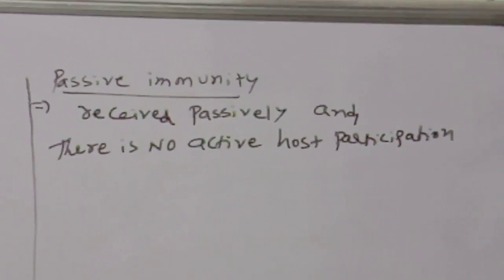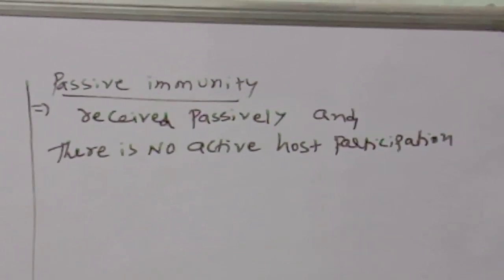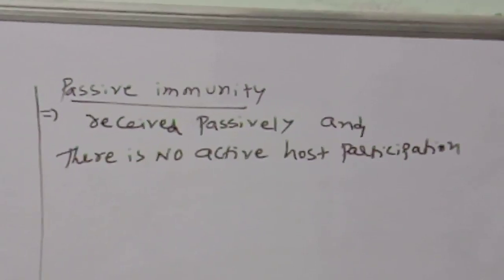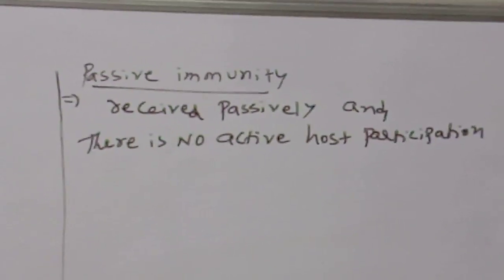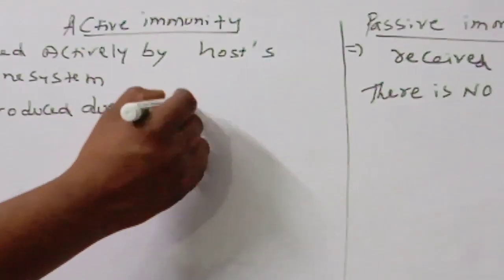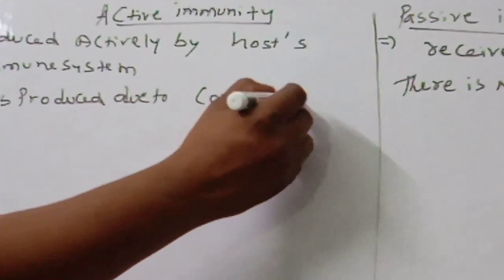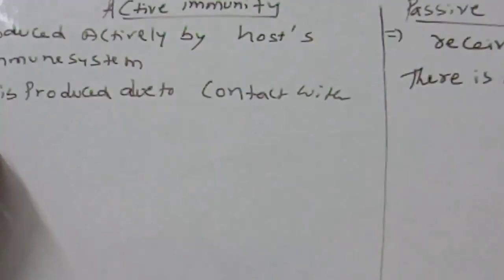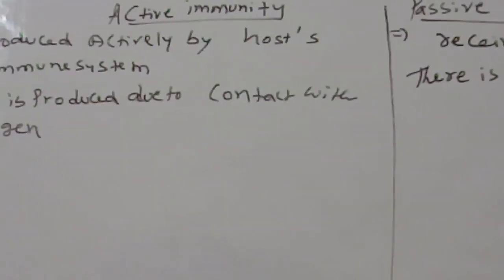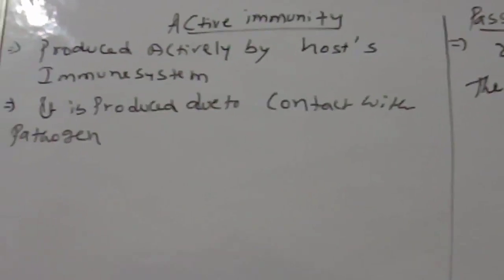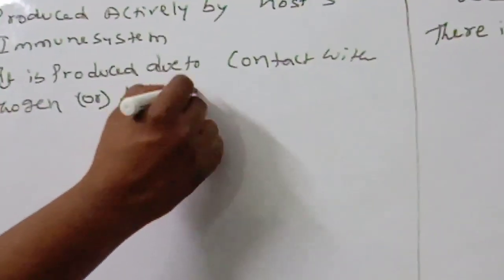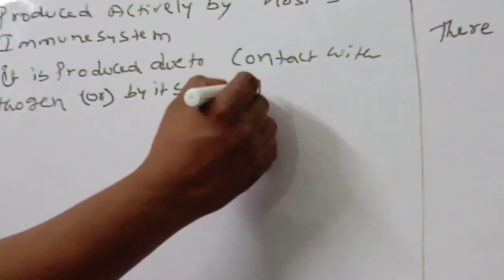Next, active immunity is produced due to contact with a pathogen or by its antigen.